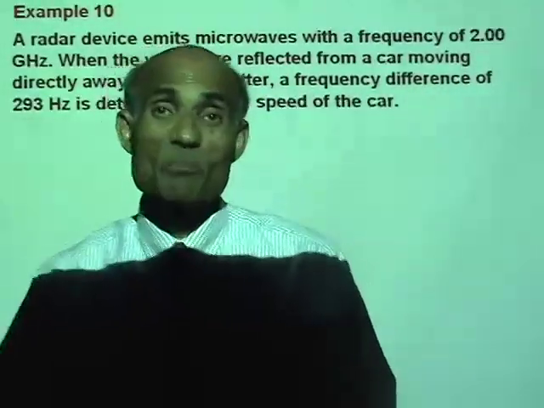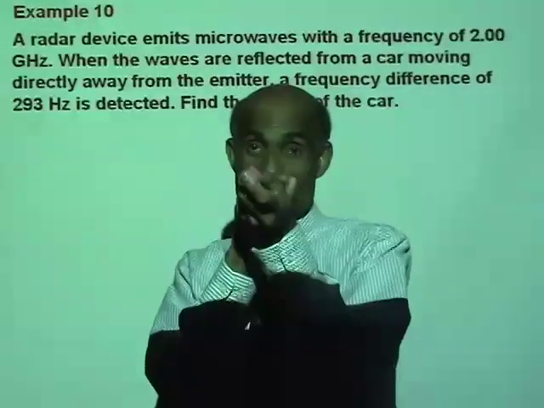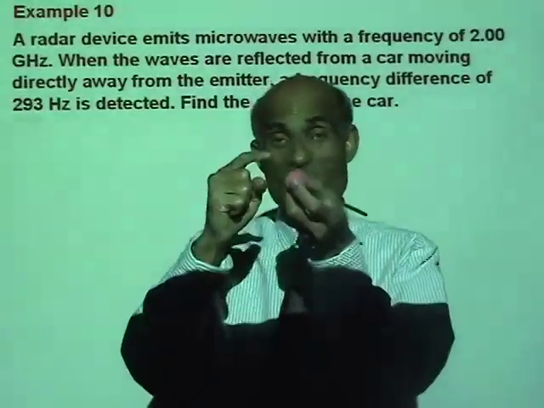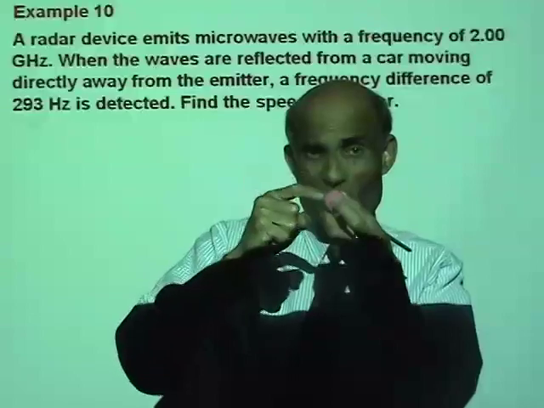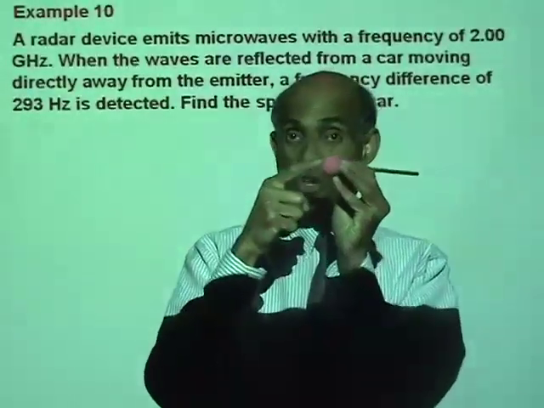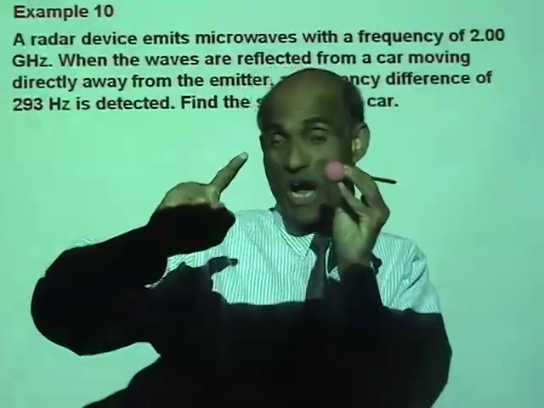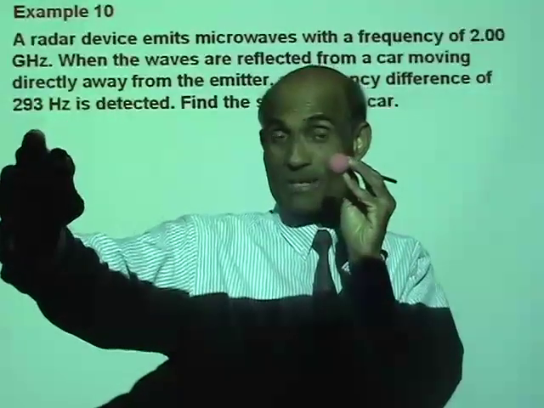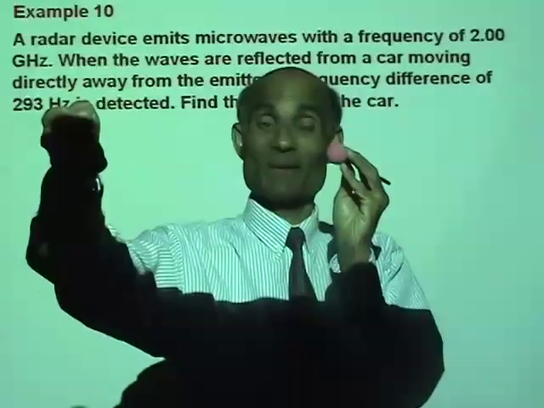So you have a policeman standing here with a radar device, and it emits microwaves from the radar. That means this is the source and the car is moving away. Is that right? The car is the listener.